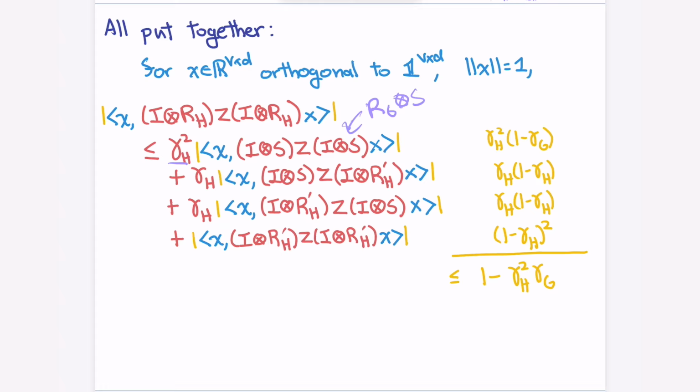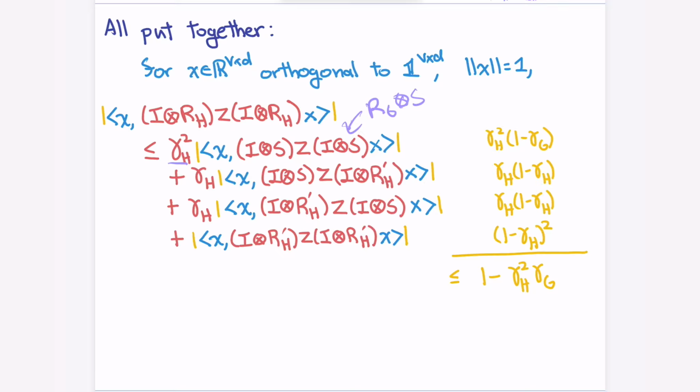All right, did you guys get this? Okay, this is what it should be. So it all sums up like this. That gives us a bound on the magnitude of the second eigenvalue, which means that the spectral gap is 1 minus this. That's how you get gamma H squared gamma G.